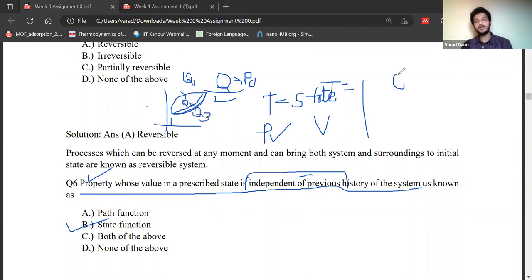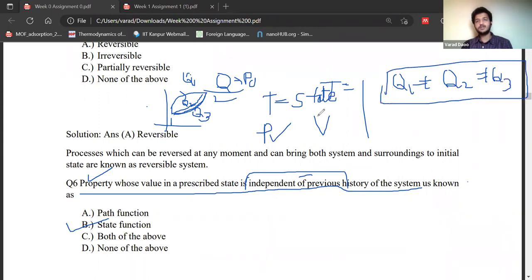And it's possible that Q1 is not equal to Q2 is not equal to Q3, right? Such quantities are called path functions. But a state function, like temperature, will have the same value irrespective of whether we follow this path or this path or this path. Here it will be T2, let's say T1.